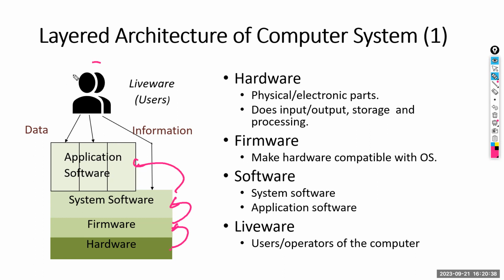Then we have the users, because we are always using software. Hardware, firmware, software. Sometimes we call the users liveware. So what are the layers in a computer system? Hardware, then firmware, then software. Software is system software and application software.